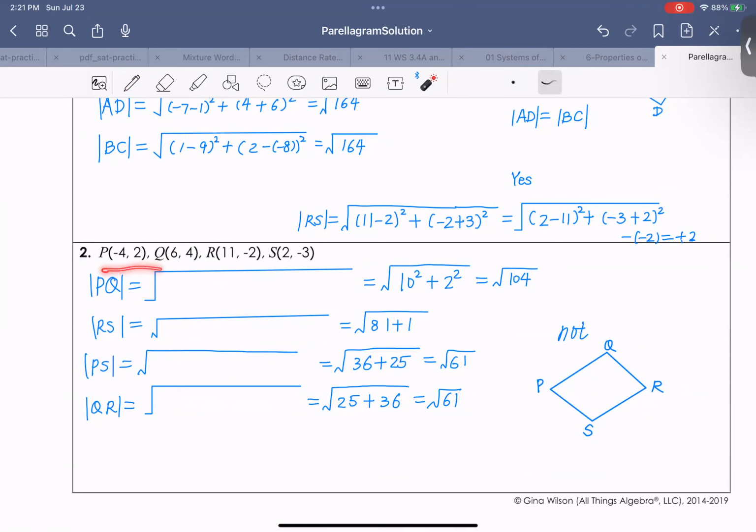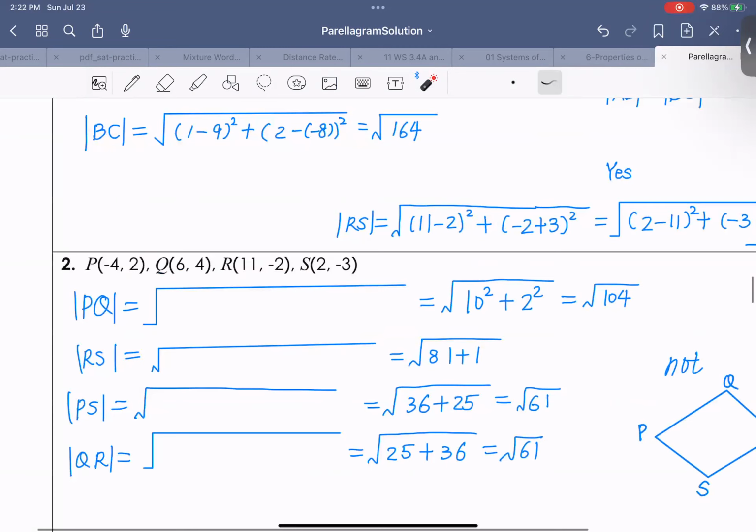When we have PQ, you will do it by the given order. So you draw PQRS. Otherwise, you don't know which distance you want to do. There are so many options. You can do PR, you can do QS, but you don't do that. You do PQ, you do SR. Sophie, let's do the PQ distance, please.